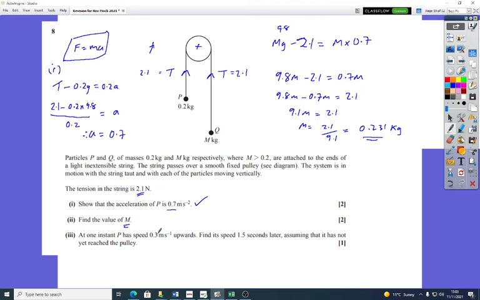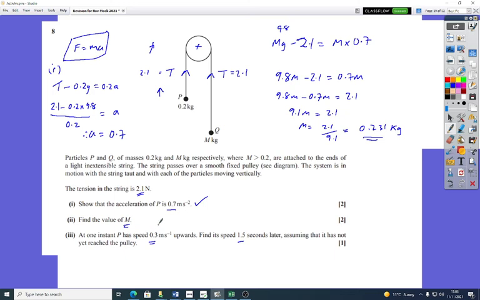At one instant, P has a speed of 0.3 meters per second upwards. Okay, so that's going up, obviously, what we discussed earlier of that speed. Find its speed 1.5 seconds later, assuming that it has not yet reached the pulley. So at one instant, P is 0.3.